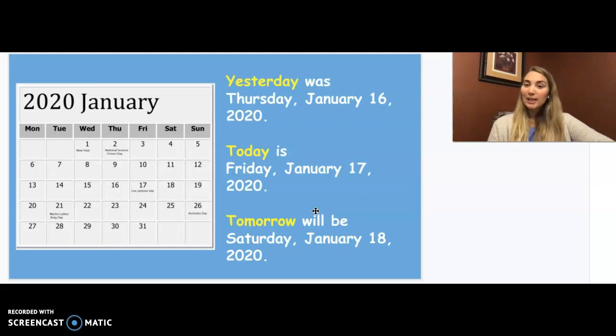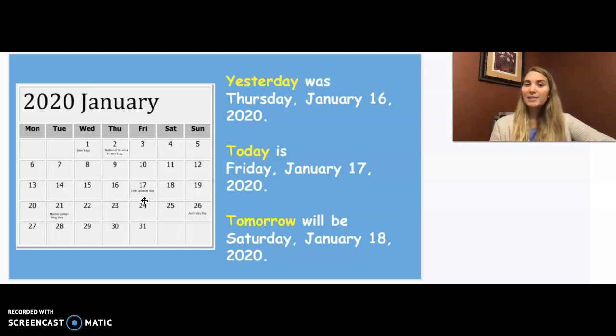Now, we are going to look at this calendar from January 2020, from this past January, and we are going to ask ourselves some questions. Firstly, if I said today is Friday, January 17th, I would like to know what yesterday's date was.